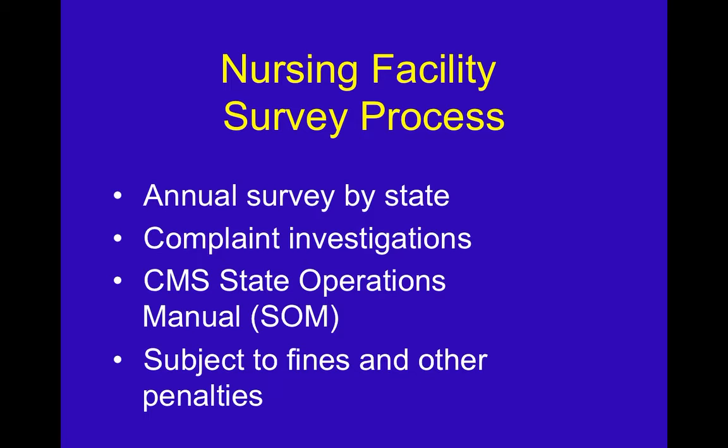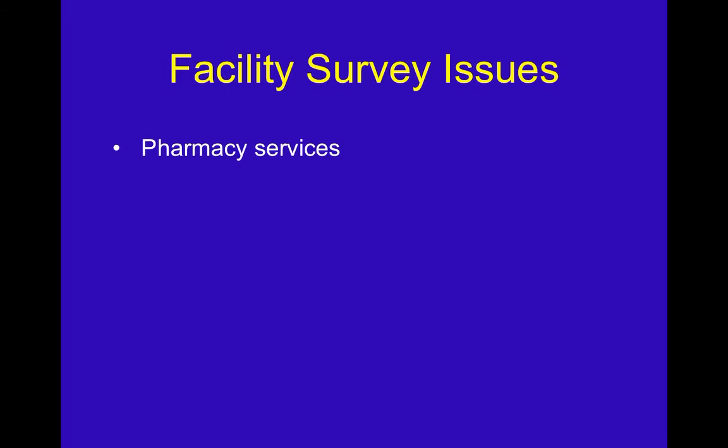So there can be inspections all during the year. Most survey processes follow those F tags I talked about, the CMS ones, and sometimes the state may have more stringent requirements. Here in Pennsylvania, we pretty much follow the CMS operations manual, and depending upon the severity of not being in compliance with the operations manual, the home can be subjected to fines and other penalties.